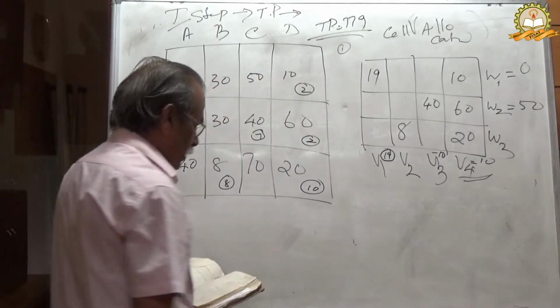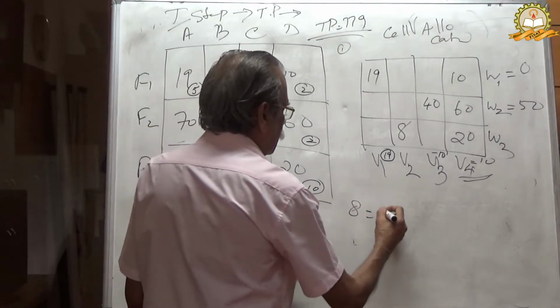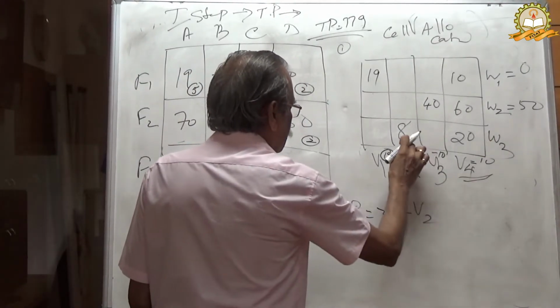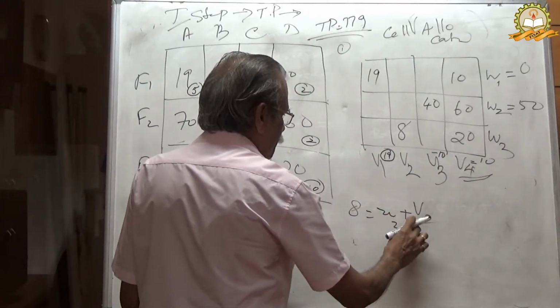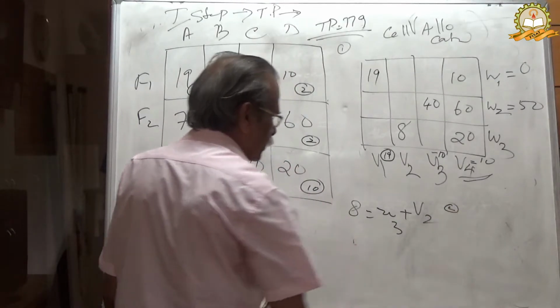Then 8 equals U3 plus V2, where V2 is unknown. Again you write equation 1.